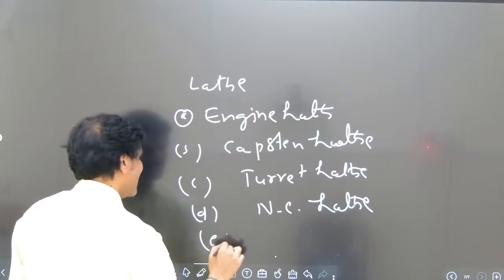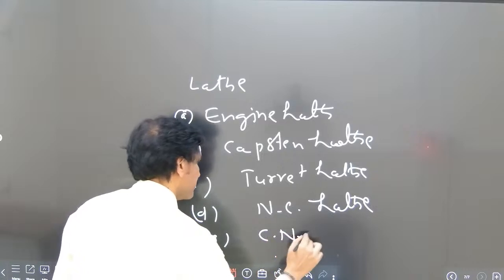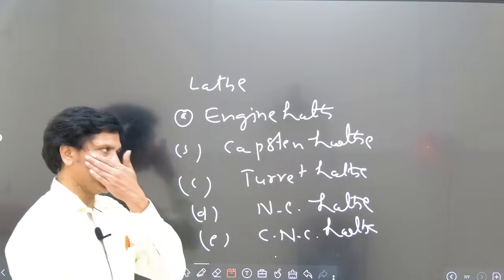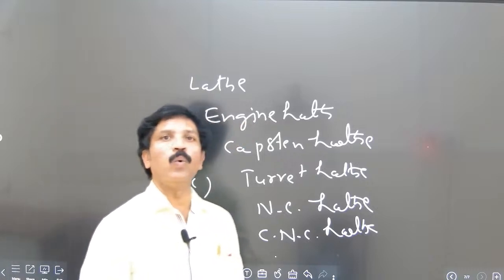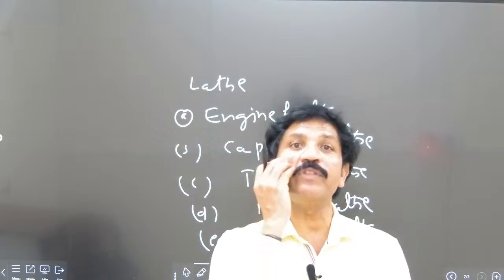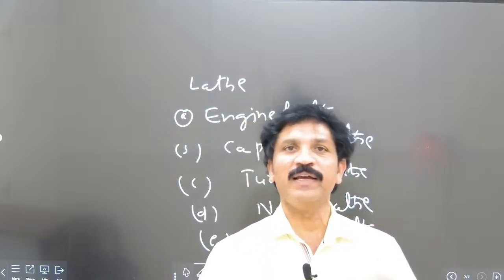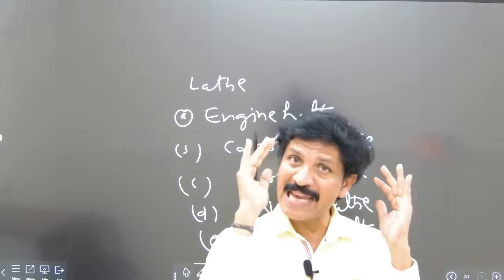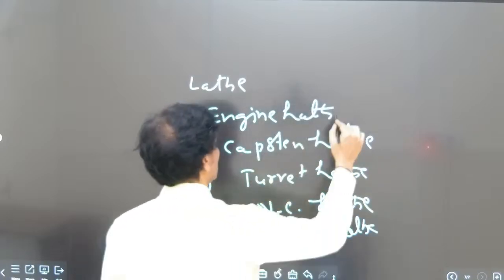Next, E is the CNC lathe machine. Engine lathe is the oldest lathe machine. Usually it was operated with a steam engine, where power generation was not available. It is the oldest and ancient lathe machine, the engine lathe machine.